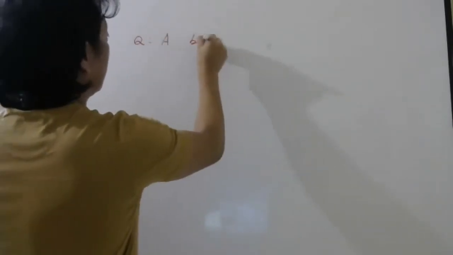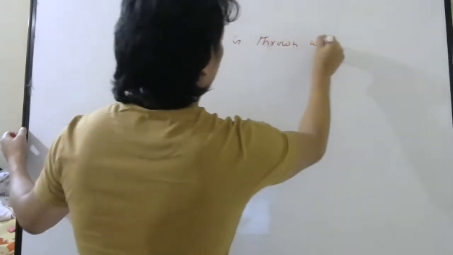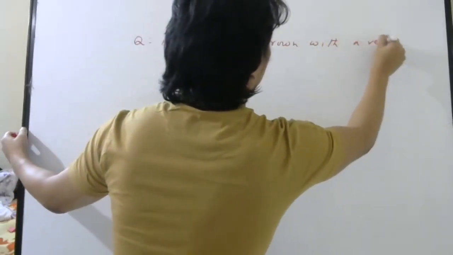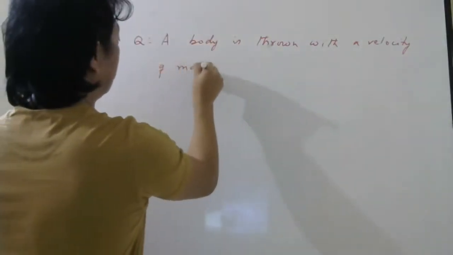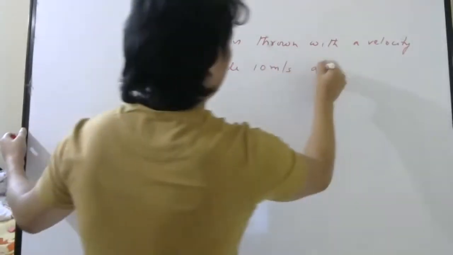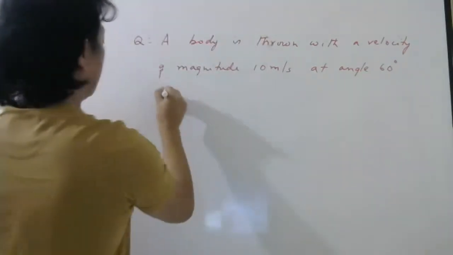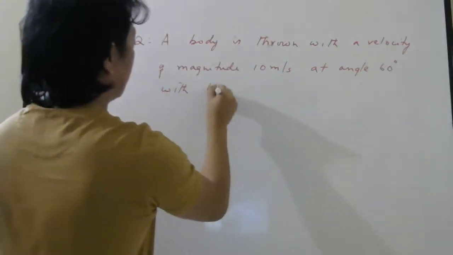A body is thrown with a velocity of magnitude 10 meter per second at an angle 60 degree with horizontal.